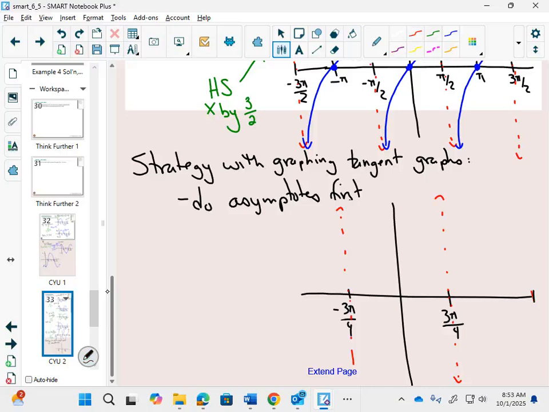If I took 3 pi over 2 and I multiplied it by 3 over 2, do you see that you would get 9 pi over 4? So I'll label one more. Then right in between them, and that's all you need to do for your tan graph.